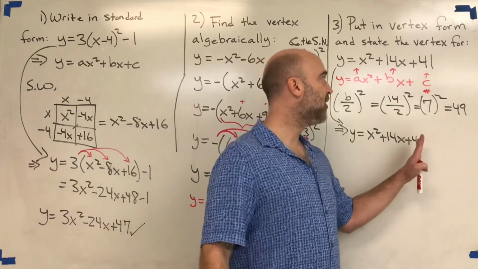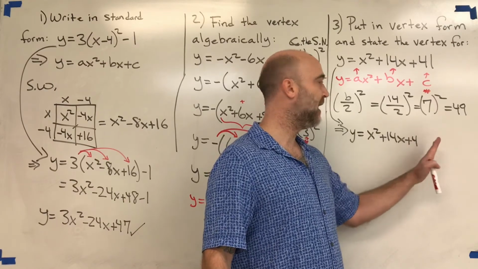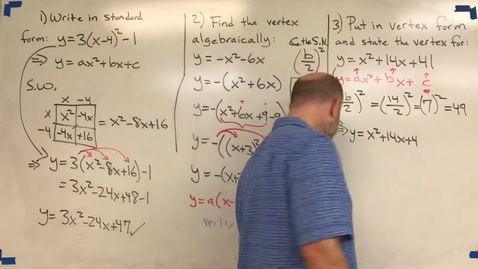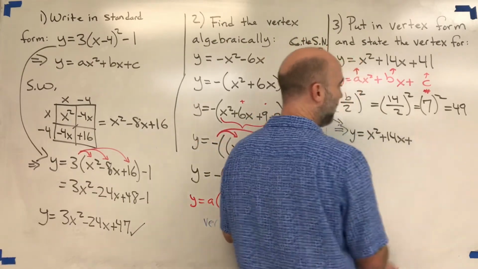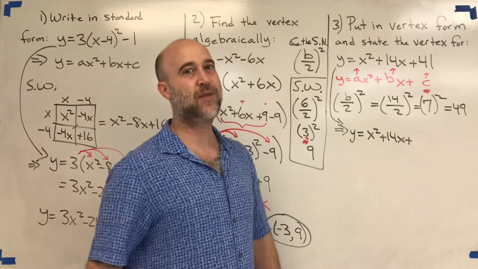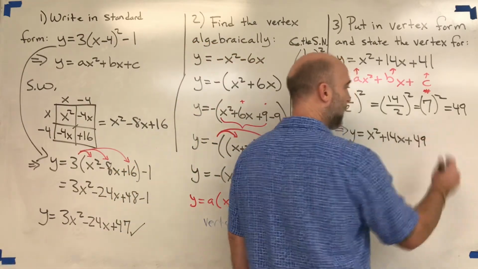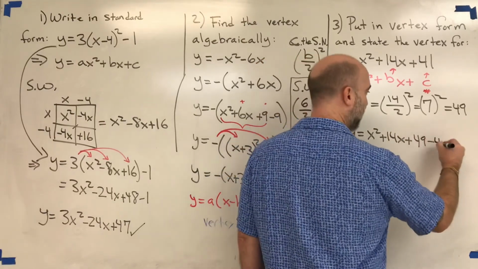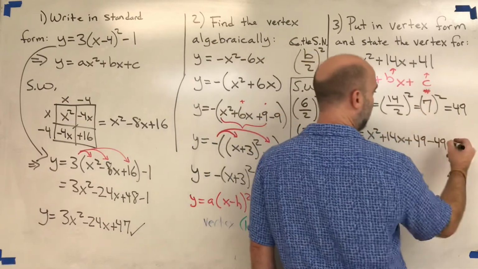All I really need to do is add 8 and subtract 8 to get to it. I'm going to go ahead and do it like kind of an easier way though, so I don't throw you off as much. Here's the plus 49 that we're looking for. Here's the minus 49 I have to balance it. And don't forget there's still a plus 41 right there.